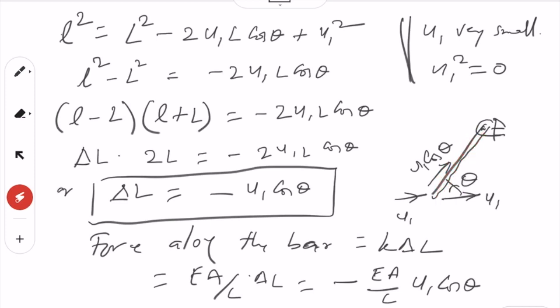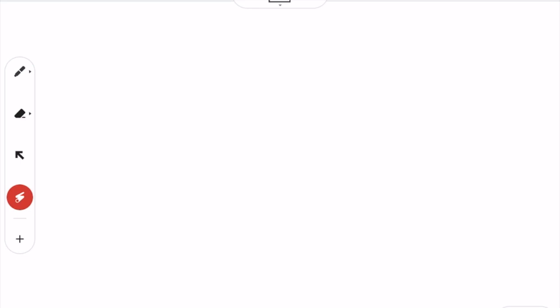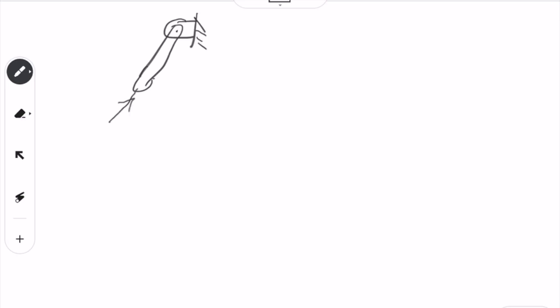Now remember, we have to find out the force in this direction. If there is a spring, the bar which is compressed like this one, and we have moved by 1, and right now we have this force. What is the value of this force?